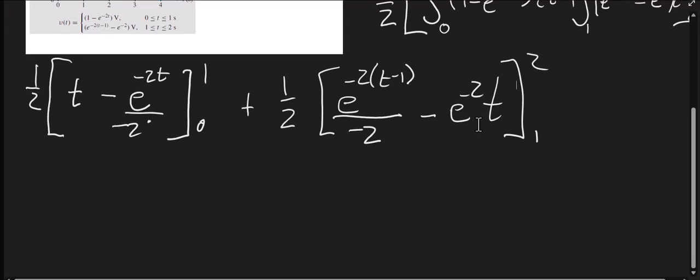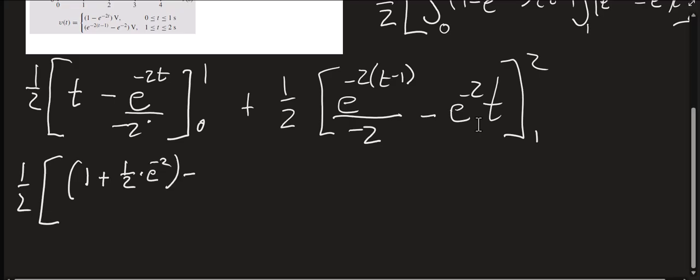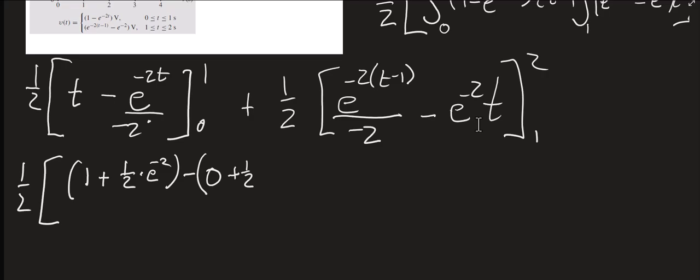So if I plug in 1 to the first one, I get 1 plus, I'll just make that a 1/2, 1 plus 1/2 e to the negative 2, and then plugging in 0, I get 0 plus 1/2 e to the 0, which is 1.